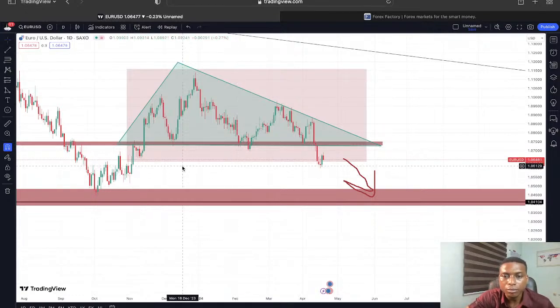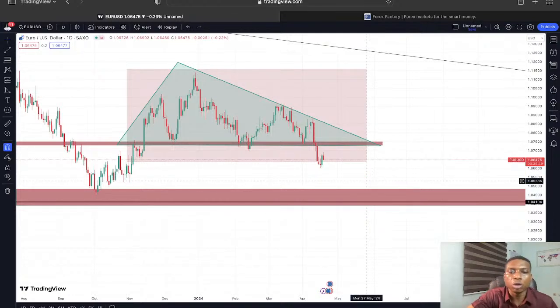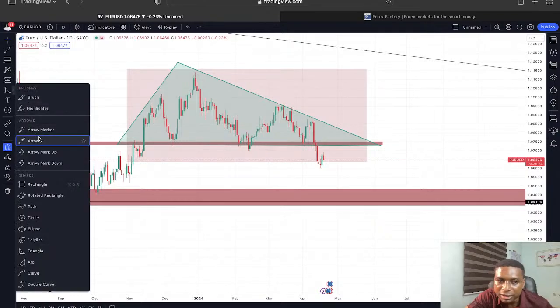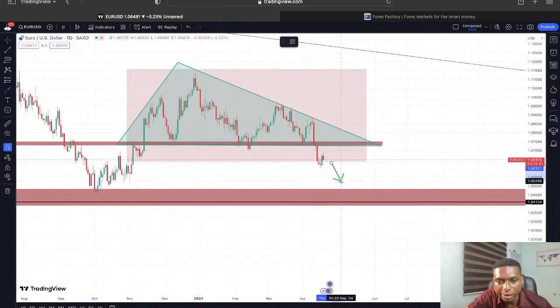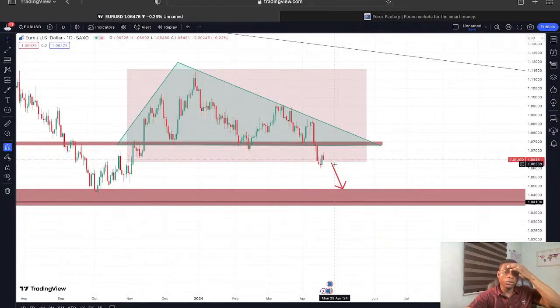Now, what is our outlook on this? Our outlook on Euro USD remains the same, bearish. So Euro USD would fall further to this support level.